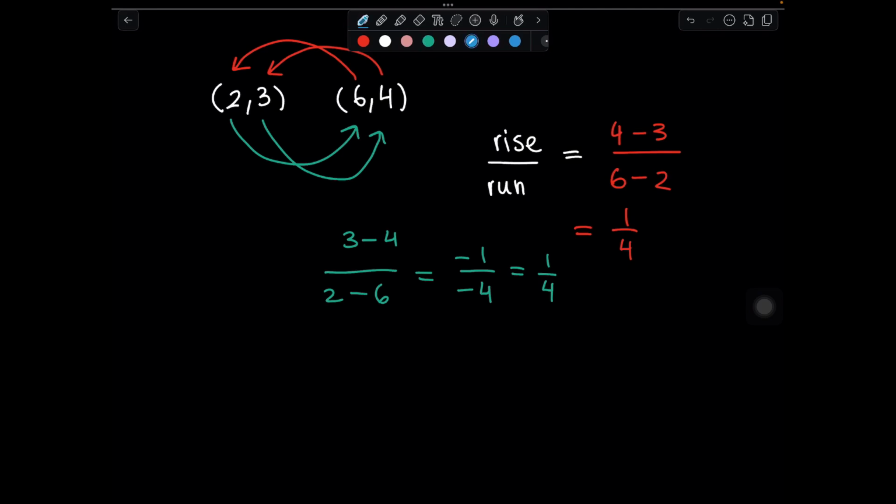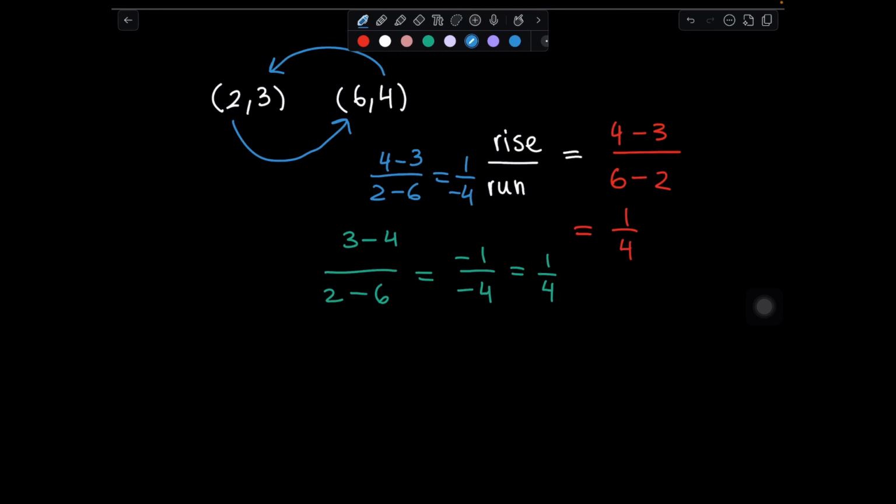The only main mistake that people make is when these arrows are not facing the same direction. So do you see how that's not the same direction? You can't do 4 minus 3 and then 2 minus 6. It won't get you the right answer. It'll get you -1 on 4. That's not our answer. So as long as your arrows are in the same direction and you minus x from the x and y from the y, you will not get it wrong.